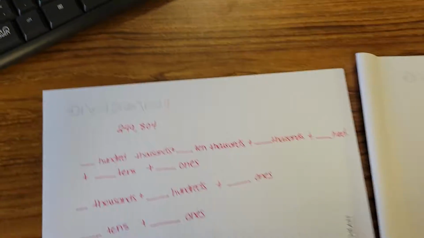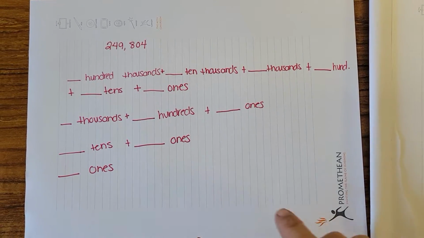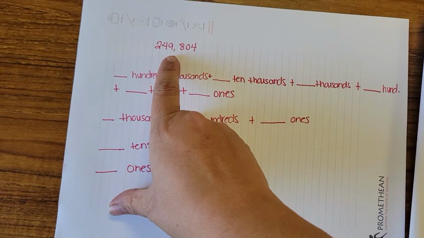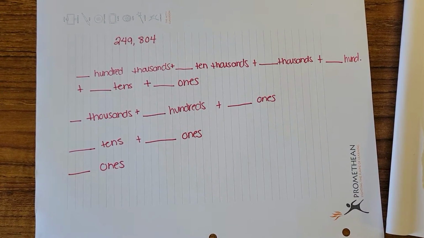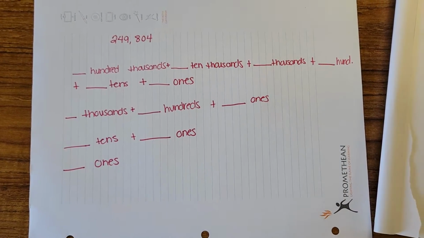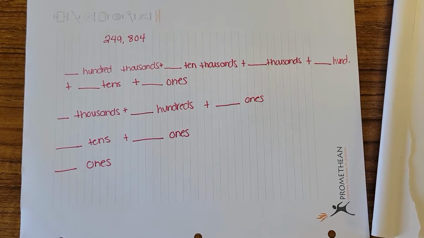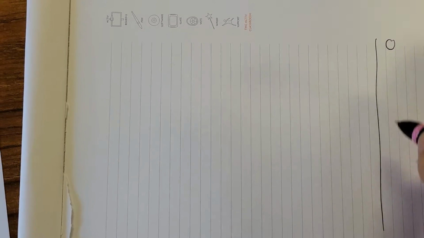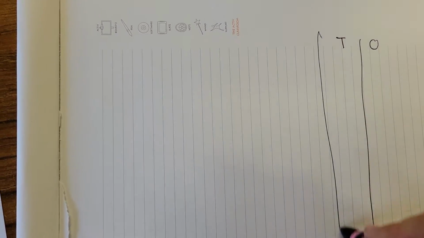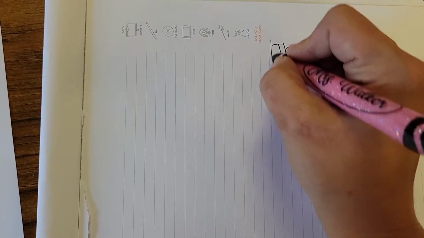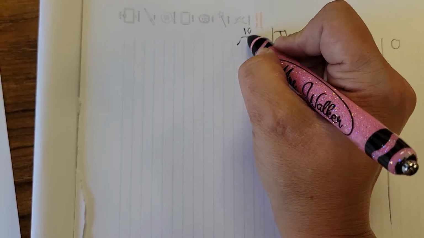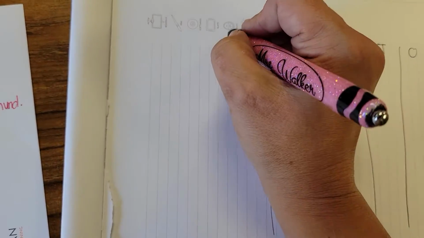So here I've broken out a problem, and this is how they're used to seeing it. The number is here, and then the book asks them to break this into all of its place values. So I'm going to create a place value chart here, and I'm holding my phone and writing this all at the same time, so I apologize for how messy.